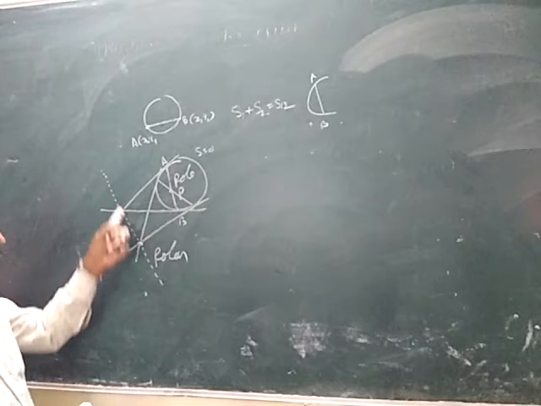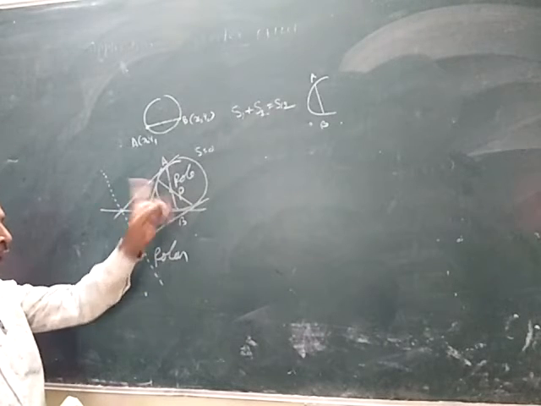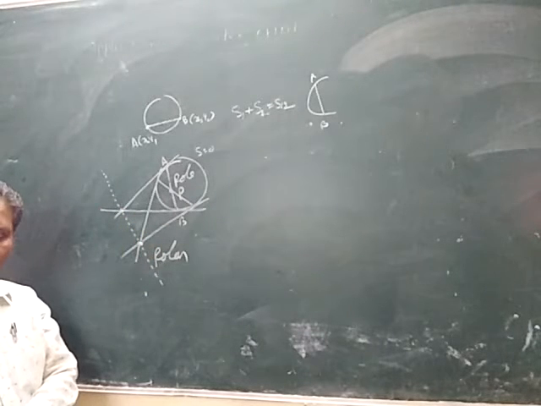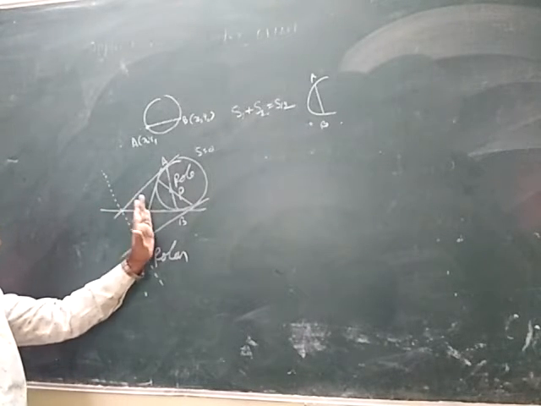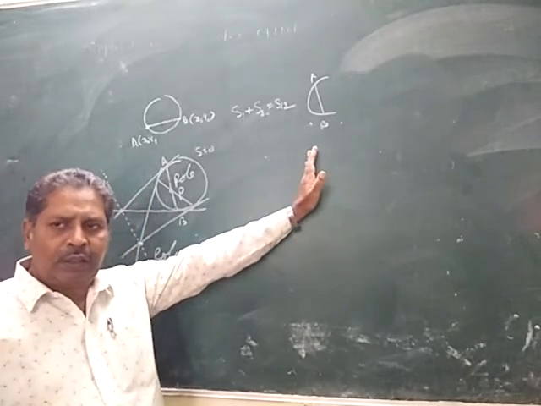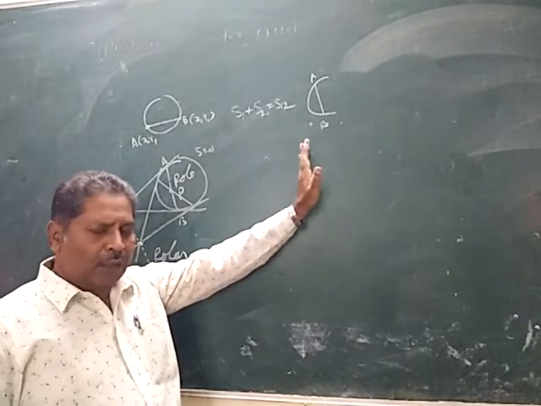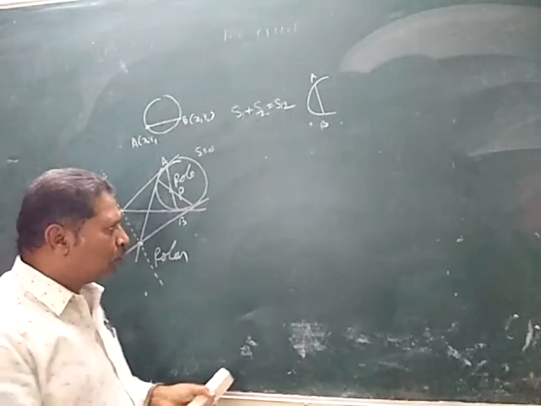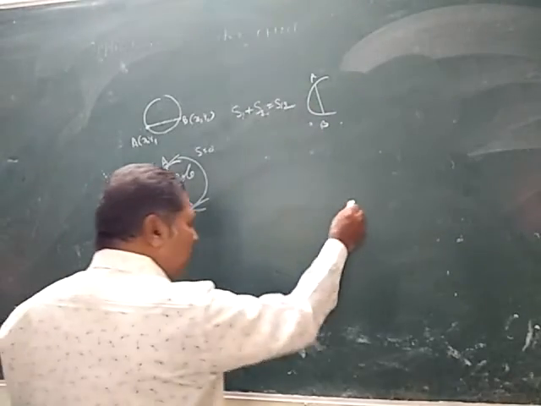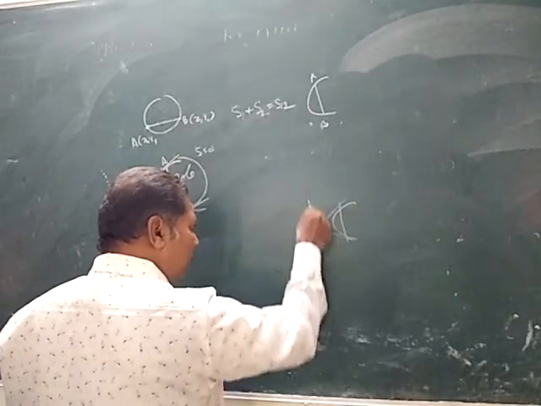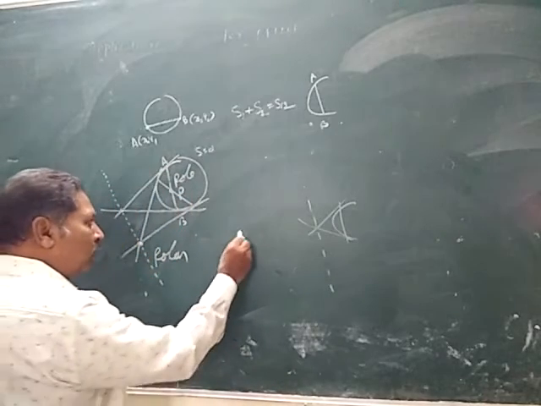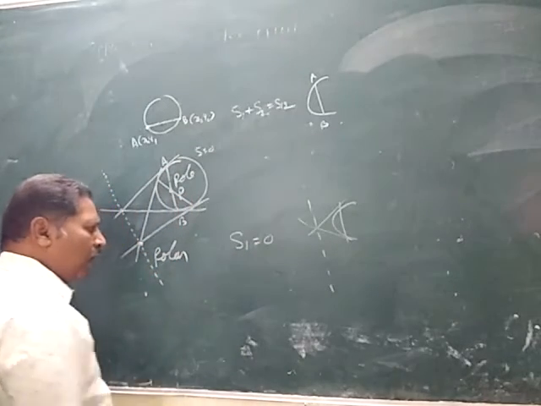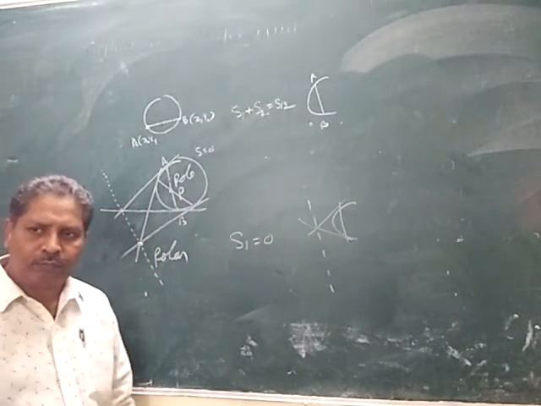Same definition in the parabola, ellipse and hyperbola. So the equation of the polar is also S1 equal to 0.